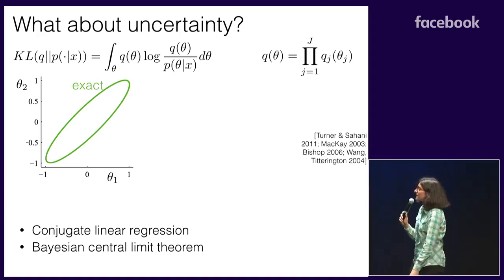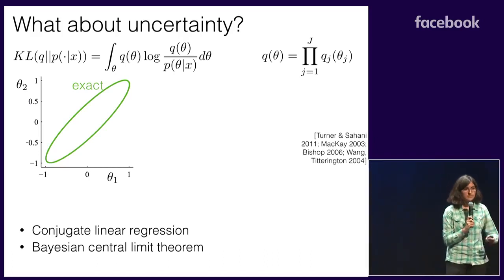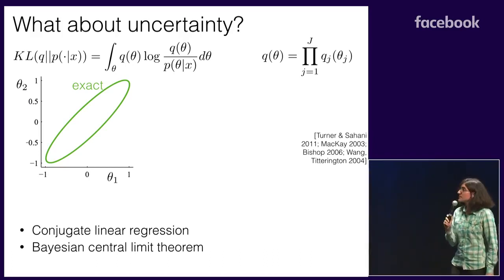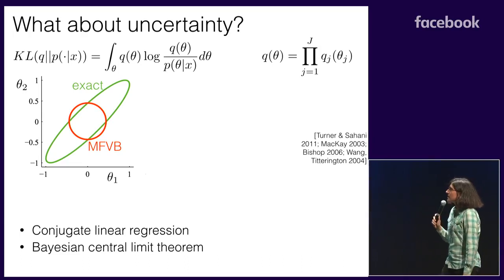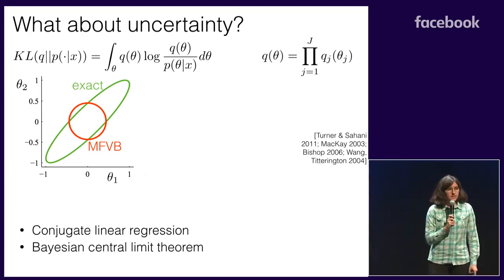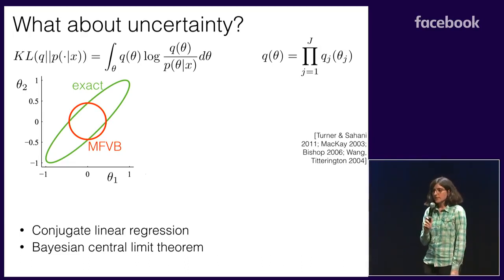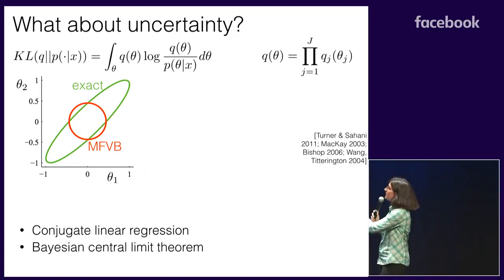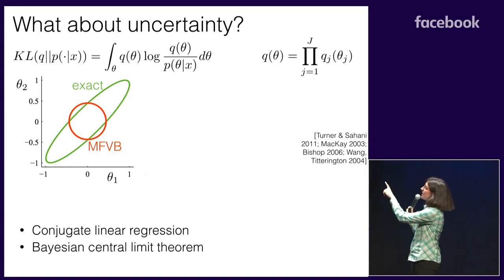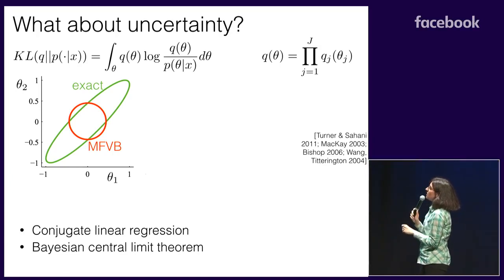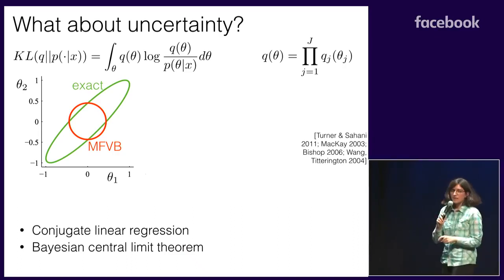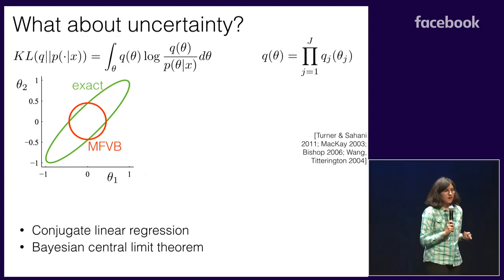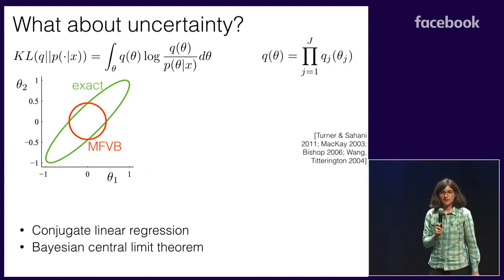And so here, if we look at this exact posterior, we suppose it's just the simple bivariate Gaussian, and we look at the mean field variational Bayes approximation, unfortunately, it's pretty badly underestimating the variance. To see why that is, let's look at this KL divergence. When P of theta given x, our exact posterior, is pretty small, then if Q isn't very small, we're going to get something that's pretty large, and we're not going to choose that Q to minimize our KL.